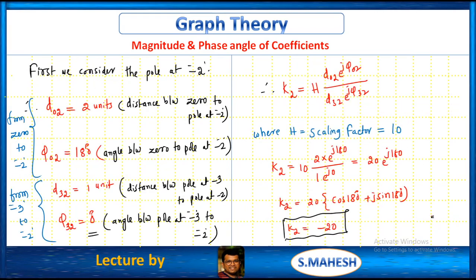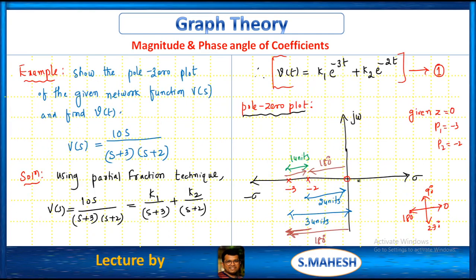Listen carefully. So this is the pole-zero plot, from 0 to 2, 2 units of distance, like that. 502 is 180 degrees, completed. With respect to pole 3 also, D32 is nothing but 1 unit, but coming to the angle, 532 acts opposite to that of 502. Therefore, 180 minus 180, the resultant is 0 degrees for 532.